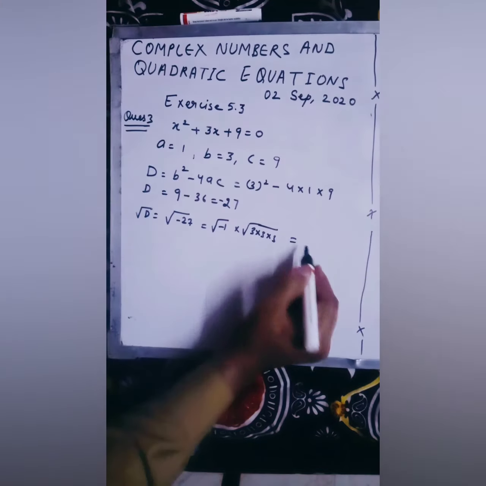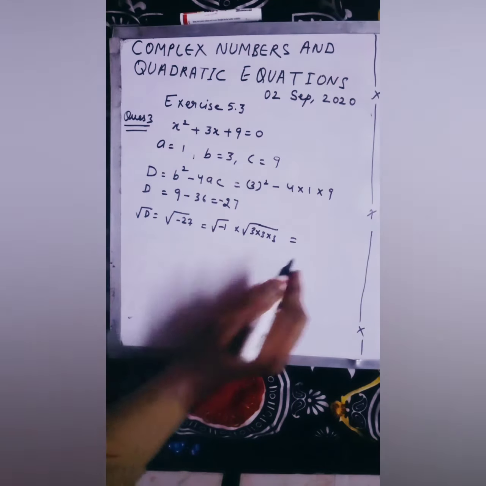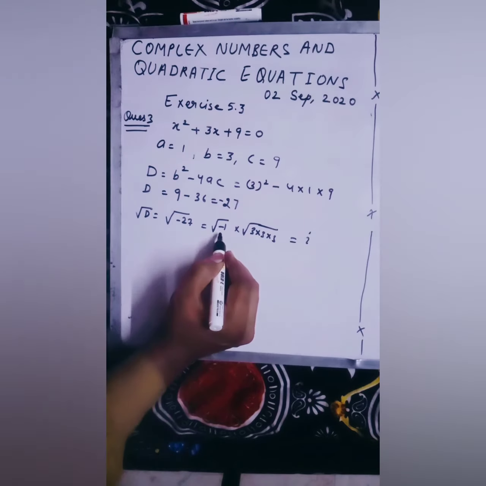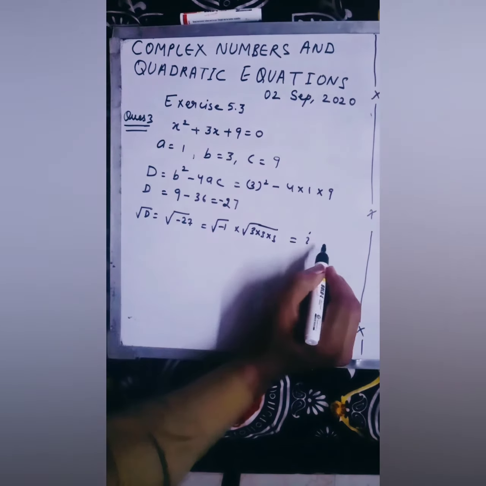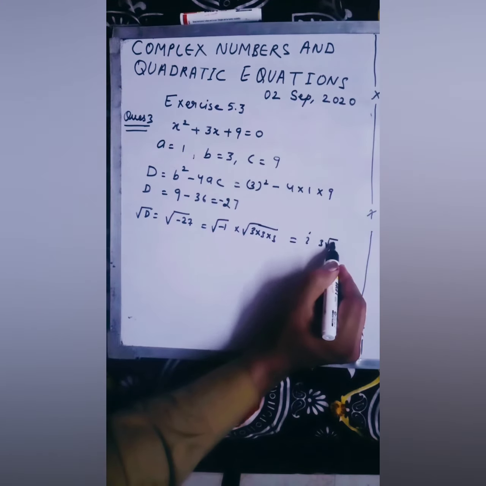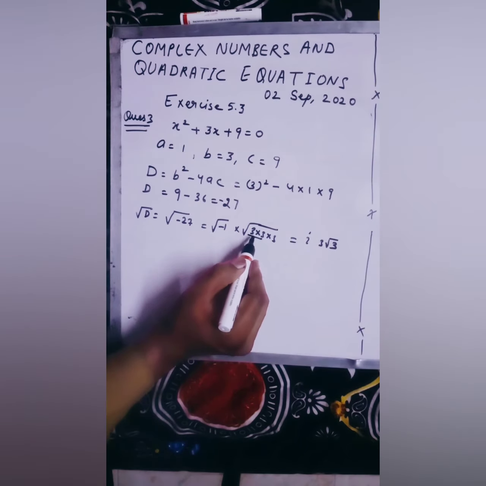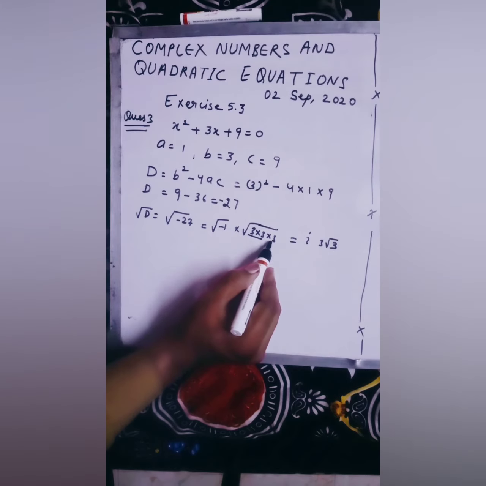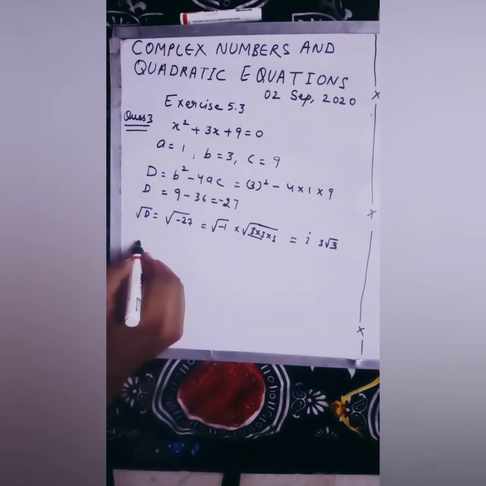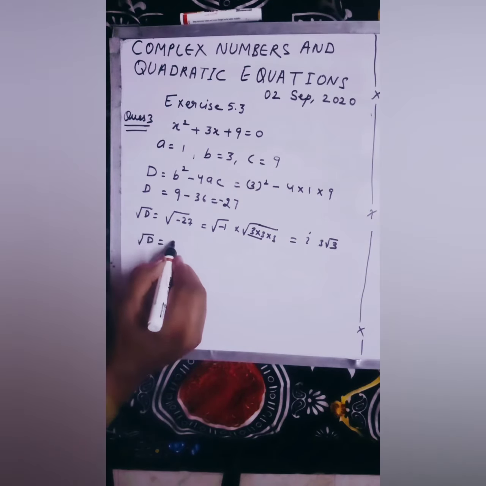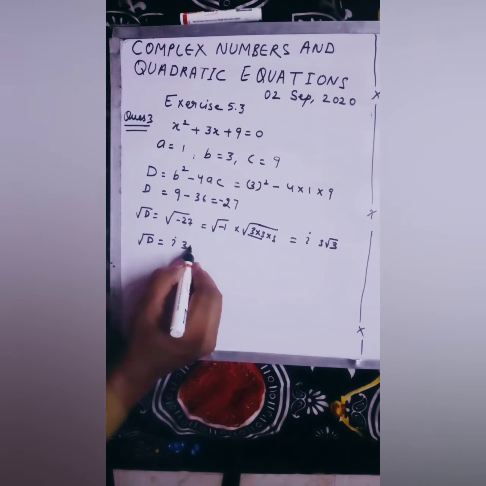As you know, under root minus 1 is iota, and this will be 3 root 3, because one pair is forming, so 3 will come outside and 1 will remain within under root. So your under root d will be iota 3 root 3.